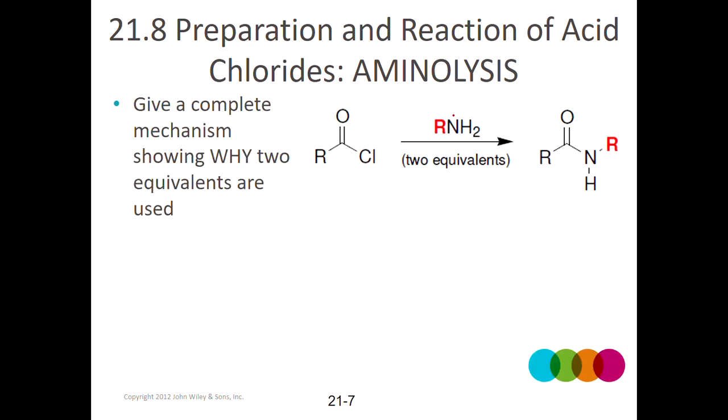Whichever ammonia, primary or secondary amine we use, it's going to start off by attacking and pushing electrons up. And again, because there's so much partial positive here and a nice partial negative here, and the nitrogen is low enough in electronegativity that it's quite willing to share its pair of electrons to form a new bond. This is another example where we can go through an intermediate that has 2 formal charges at once.